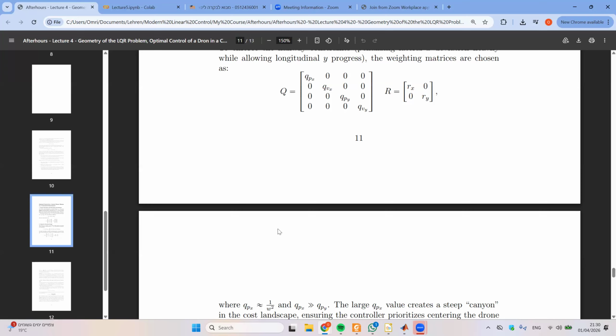So the penalty decreases. But as w becomes smaller and smaller, the hallway is very, very narrow, then 1 over w squared is very, very large. So we have a high penalty going in the x direction, and we also take the penalty in position x to be much larger than the penalty in position y, because we want to encourage the system, the drone, to go down the hall, which is the y direction.